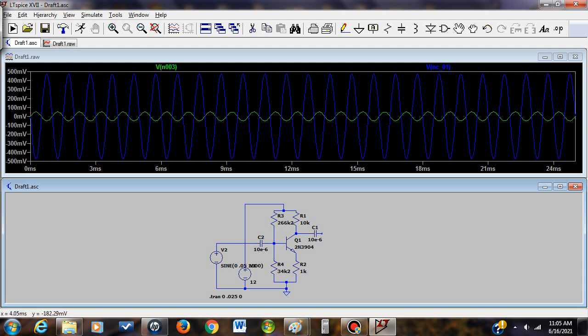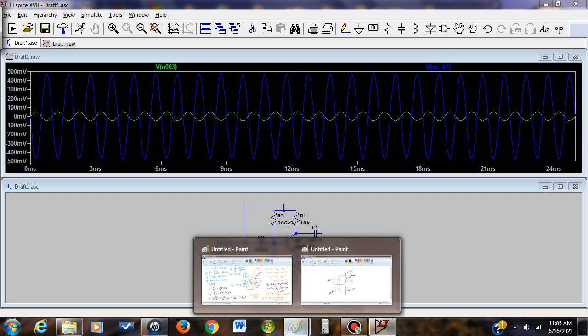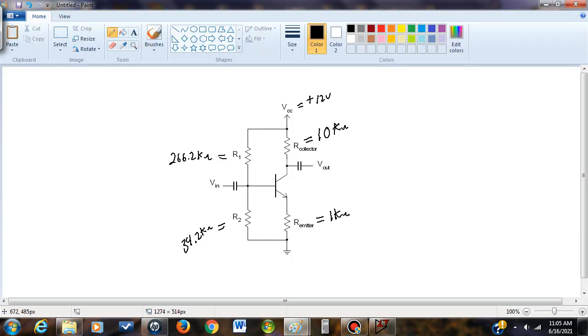We know that the gain, your A sub V, is equal to your V out over your V in. So if you have an input of about 0.1 volt peak to peak, and your V out is about 1 volt peak to peak, therefore you have a gain of 10. And that's exactly what we were shooting for.